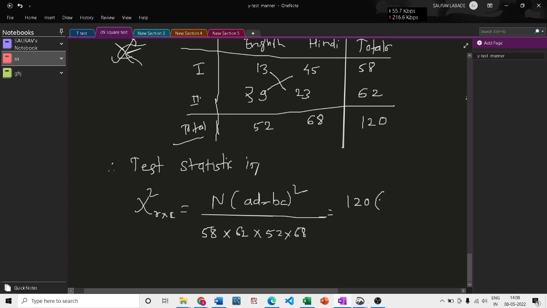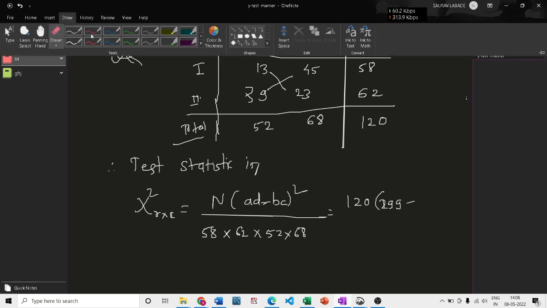Which is 299, minus 45 into 39, which equals 1755.